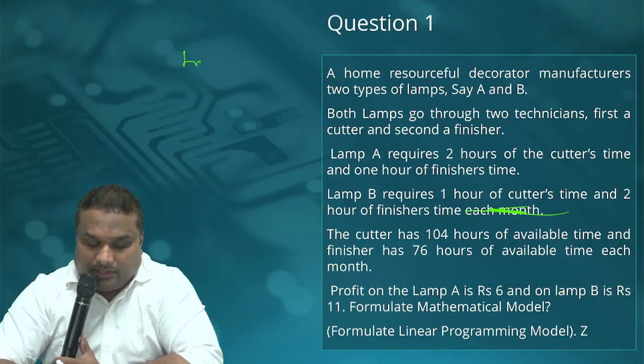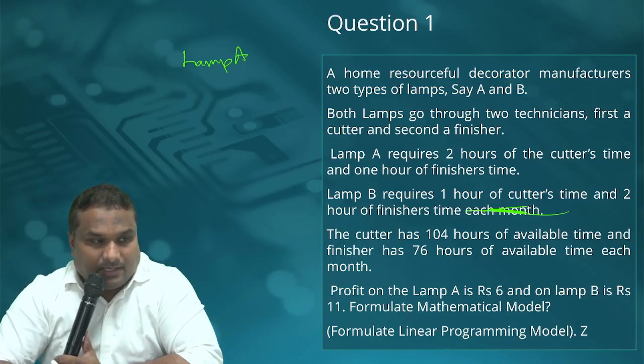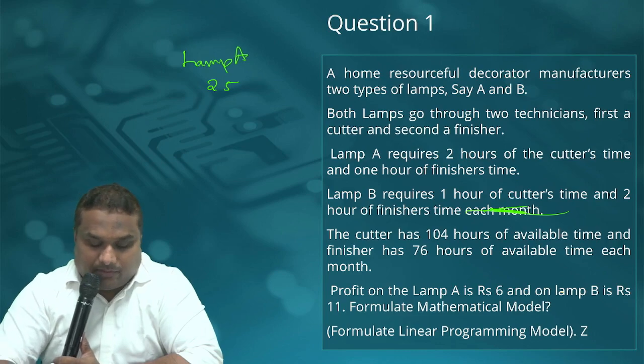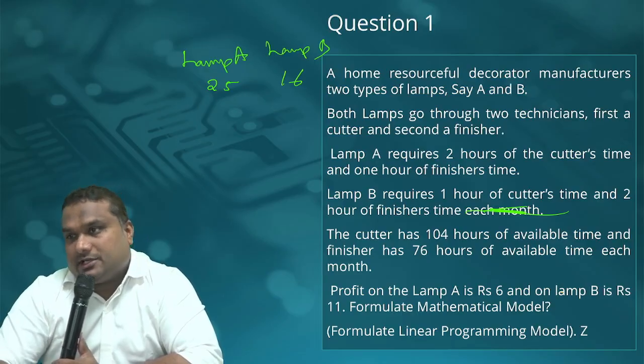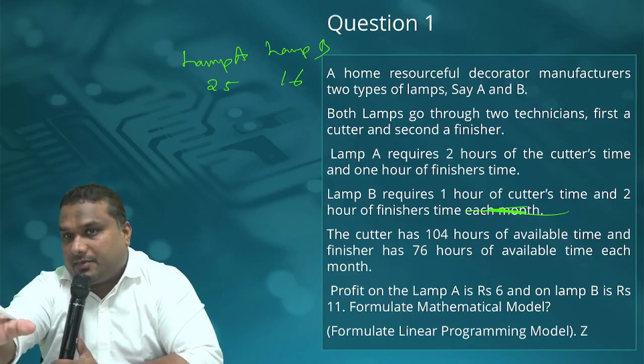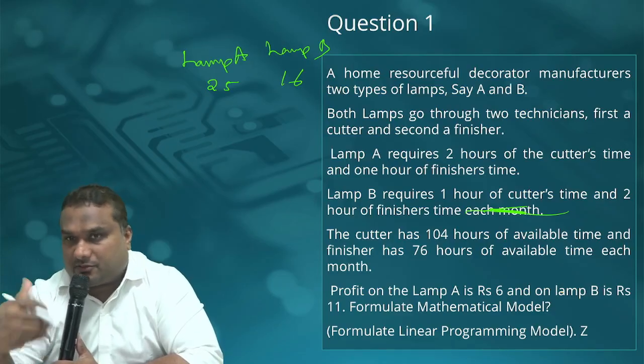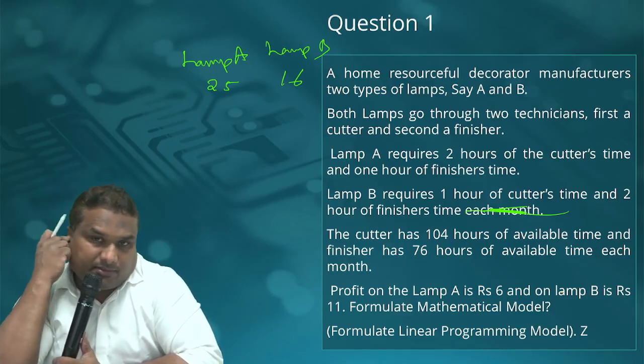You need to make lamp A 25 units and lamp B 16 units, so that your profit is 800. I'm just saying, not by calculating, just a mere figure: 25 into 6 plus 11 into 16 is the profit.